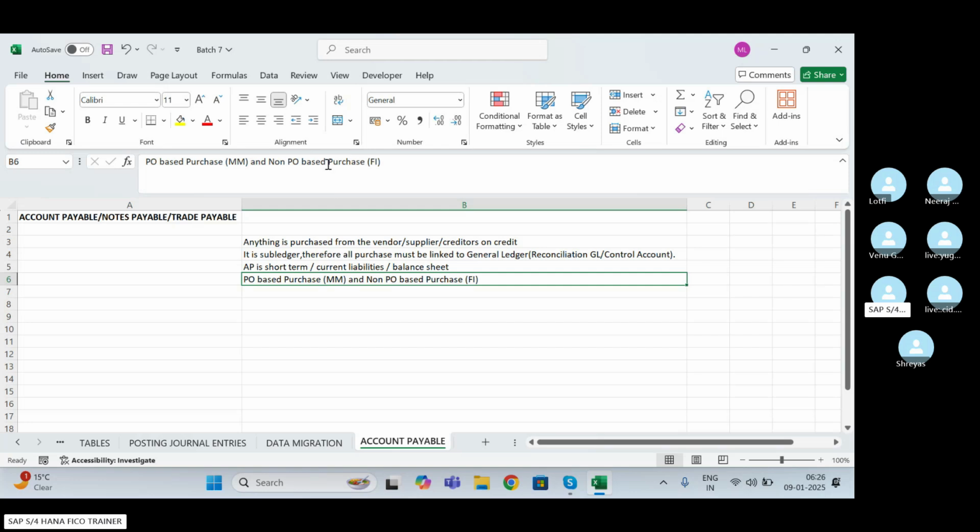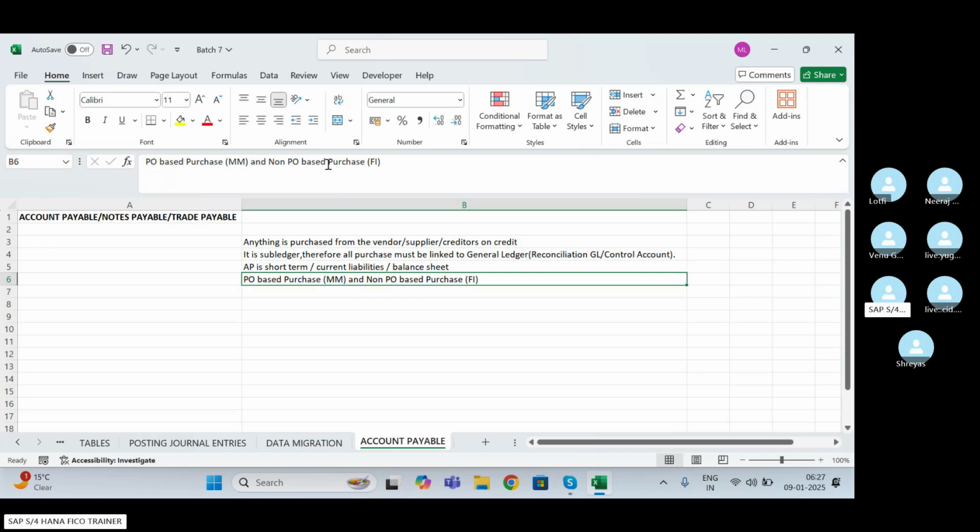When you consume the laptop, you also want to reduce the quantity available in the plant or in the storage location. So when you want to track the inventory at plant level mostly, then you have to use the PO based purchase.